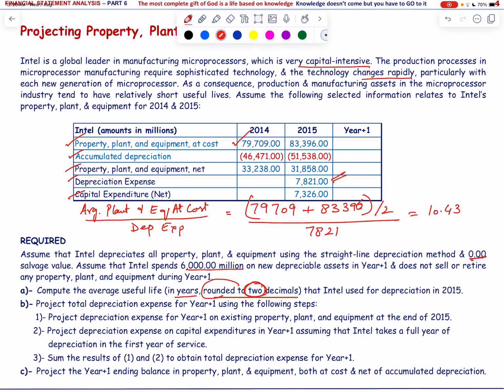So the average useful life is 10.43 years.